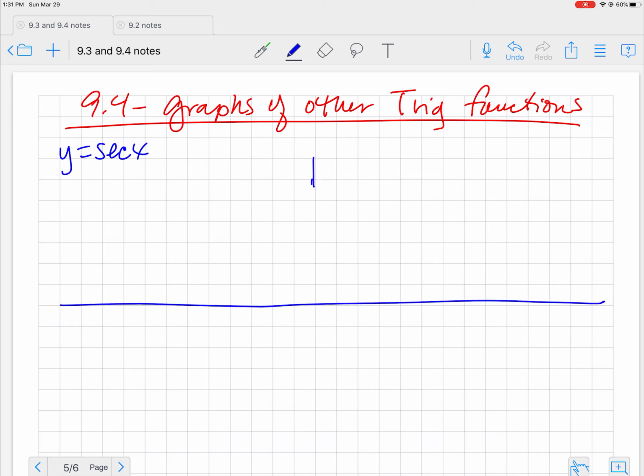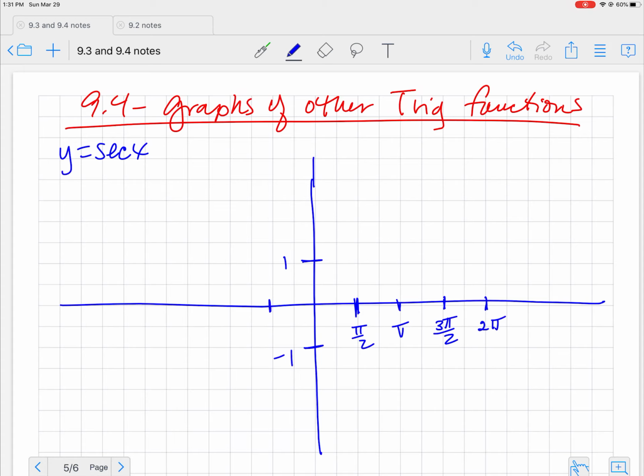So it's the same kind of deal here. We're just going to get our basic, here, let me move this down just a tad. Our basic secant function. Now, here's the deal whenever it comes to secant.